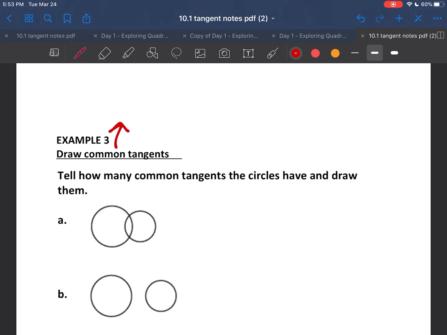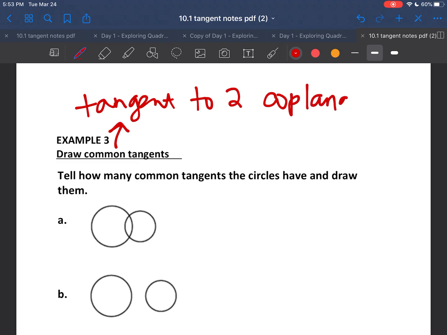So I'm going to add in here: tangent to two coplanar circles. I'm going to put the number 1 in front of this. It's one tangent, line, ray, or segment, but it has to be tangent to two different circles, and the two circles have to lie in the same plane.